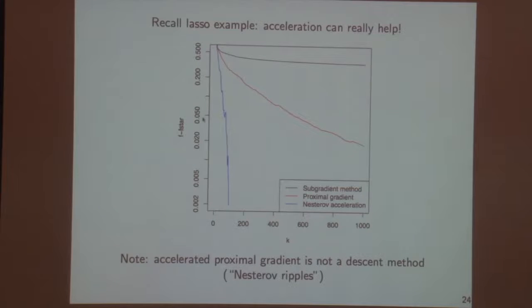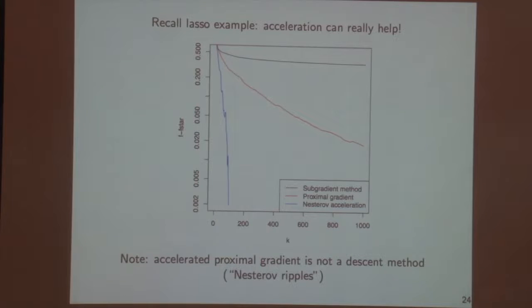One thing you might notice if you looked carefully, and if we stretched out this x scale so all you saw was this blue curve, say from iterations 1 to 100, is that the blue curve is not monotone decreasing. We get these things called Nesterov ripples, which is, I guess, an affectionate term because Nesterov invented acceleration. You'll often see that when we apply acceleration, this is what the criterion looks like across iterations.